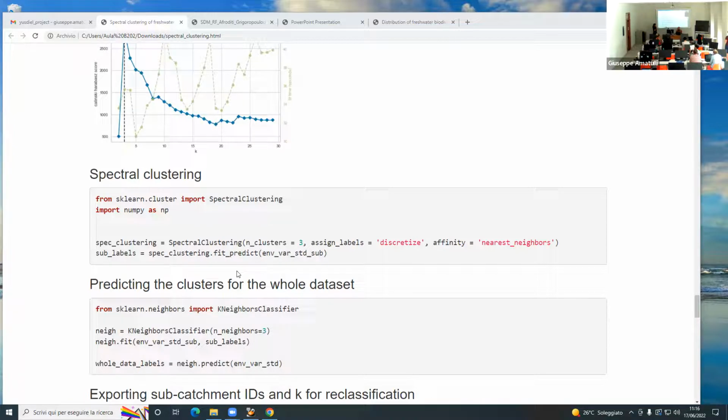It takes one object and looks for the 3 nearest neighbors, and to which cluster these 3 nearest neighbors belong. If 2 of the 3 neighbors belong to cluster 1, then this point will also go to cluster 1.